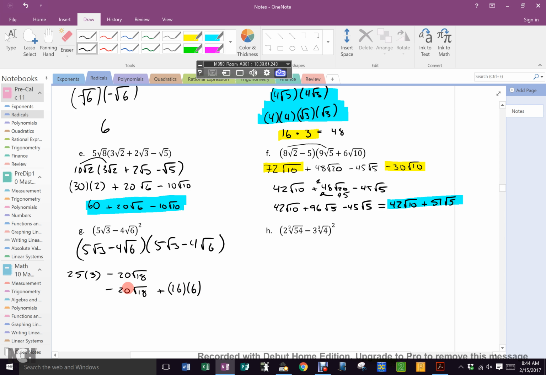Why did I stack these ones? Because they were like terms. Right? Because 3 times 6 and 6 times 3 both gets me 18.